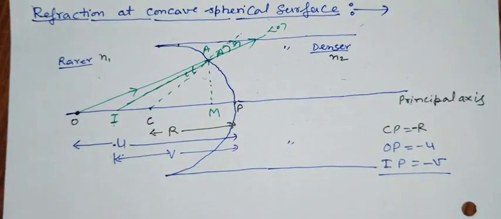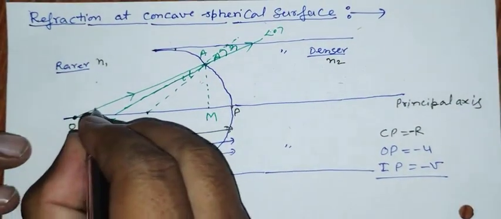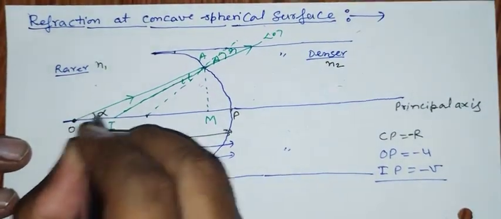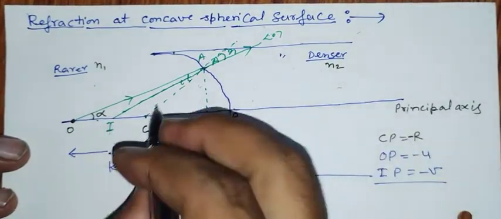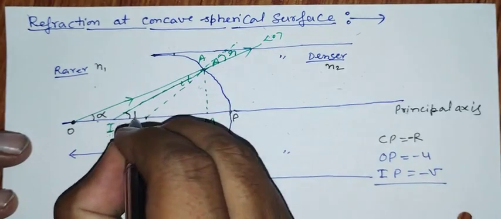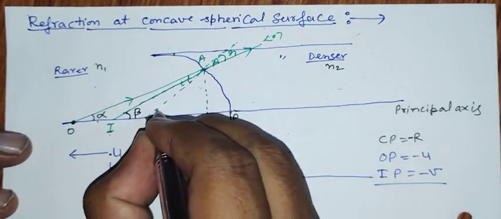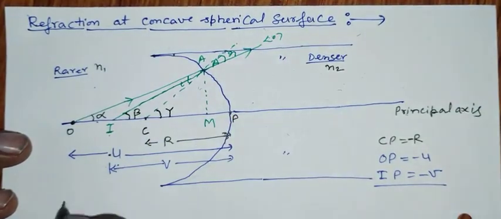Some angles we are going to decide. The incident ray makes angle alpha with the principal axis. The refracted ray makes angle beta and the normal makes angle gamma.